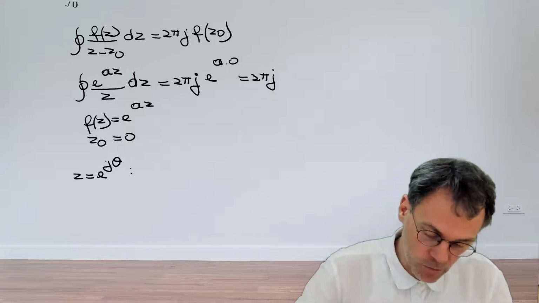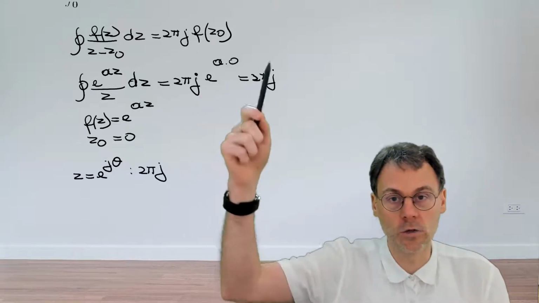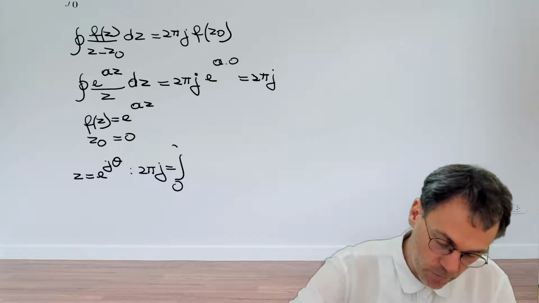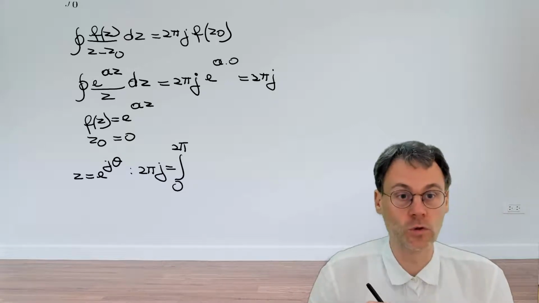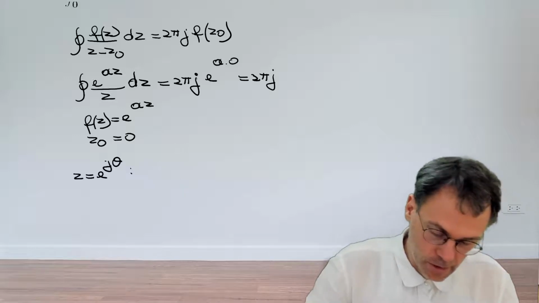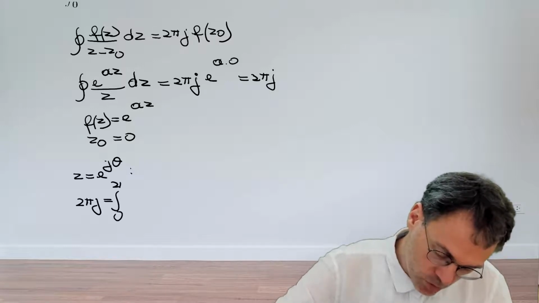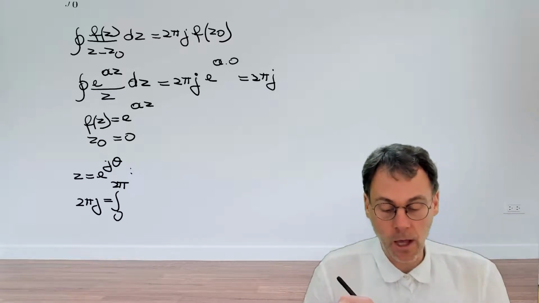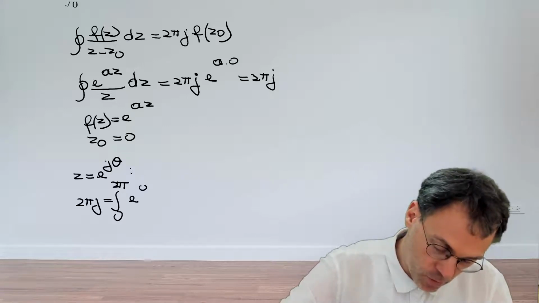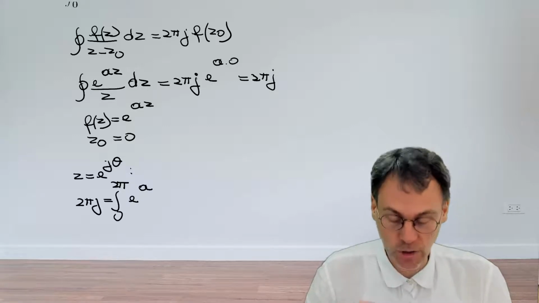So if we do that, we can write that the end result of our integral, which we have calculated to be 2 pi j, is also equal to the integral from 0 to 2 pi of e to the az. So this becomes e to the power of a, and then z being e exponential j theta.